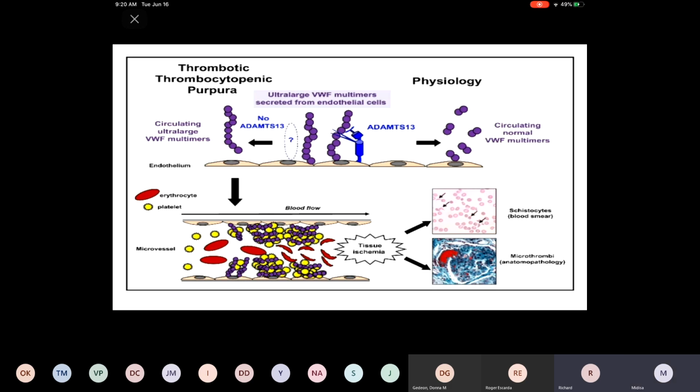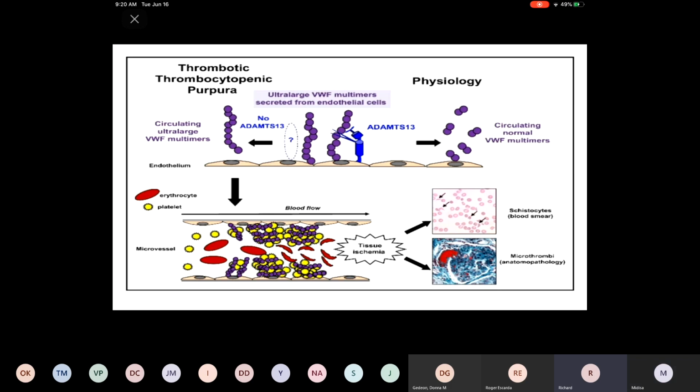But when there's no ADAMTS13 attached, that leads to platelet aggregation, and as such leads to tissue ischemia in the body and microvessels also. So this can cause other symptoms. This leads to major symptoms of TTP. The two main players here are the VWF and ADAMTS13.